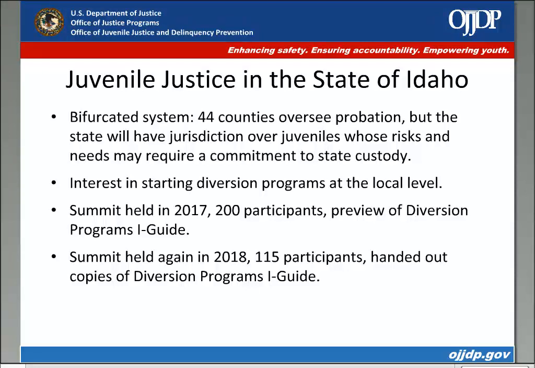As a state, like most other states, we have a state advisory group called the Idaho Juvenile Justice Commission, and diversion happens to be one of the priority issues we've been working on, along with the deinstitutionalization of status offenders, or DSO, like many of us are aware.